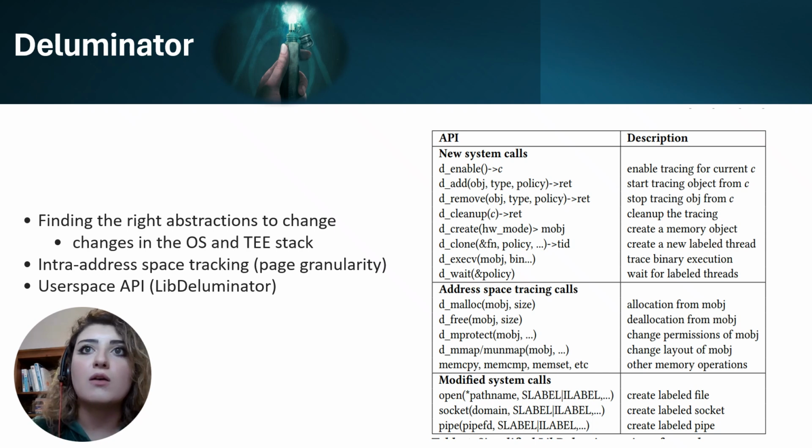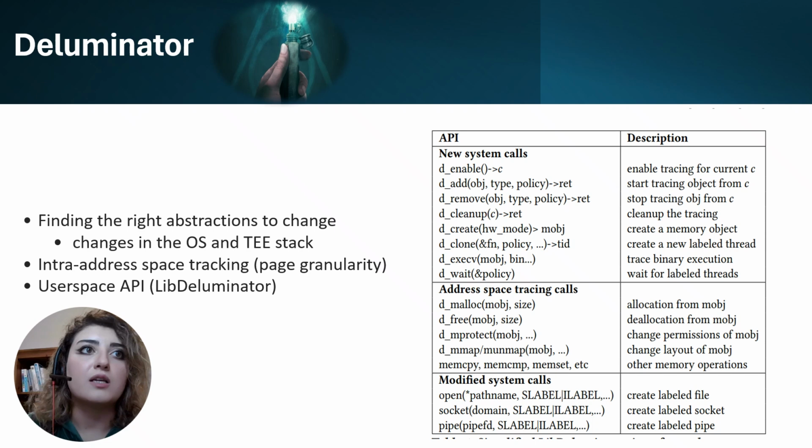But when you use these system calls, you can add the system object, the address space, the file, and any object that you care about and want to monitor, to the Deluminator monitoring system. Then you enable the tracing, and you can see how that object is interacting based on the secrecy or integrity policy that you assigned for that object.